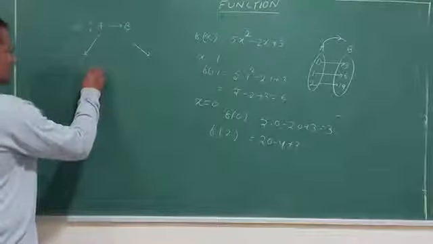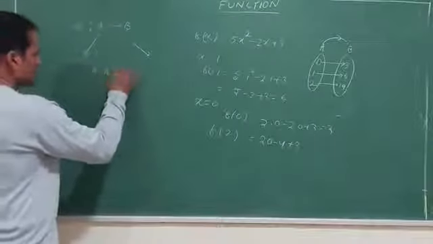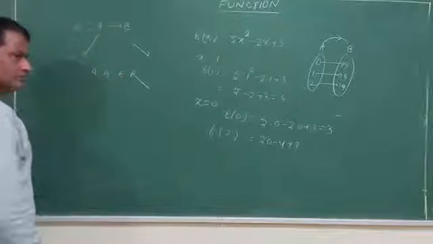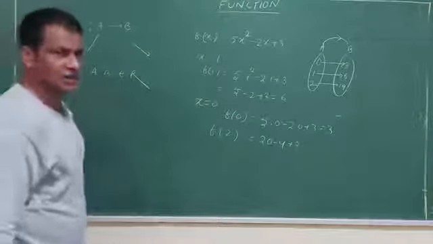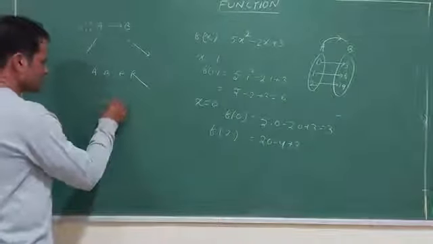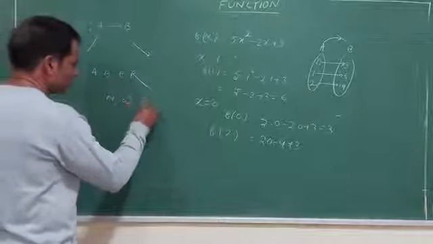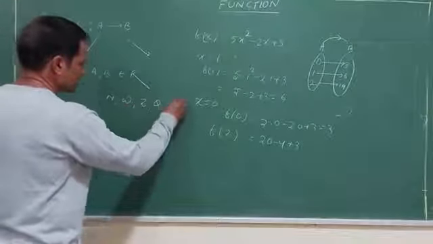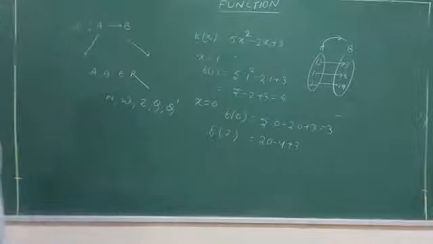These sets A and B belong to R. What is R? R is the set of real numbers, that is natural numbers, whole numbers, integers, rational and irrational numbers. That means A and B belong to R here. Alright?